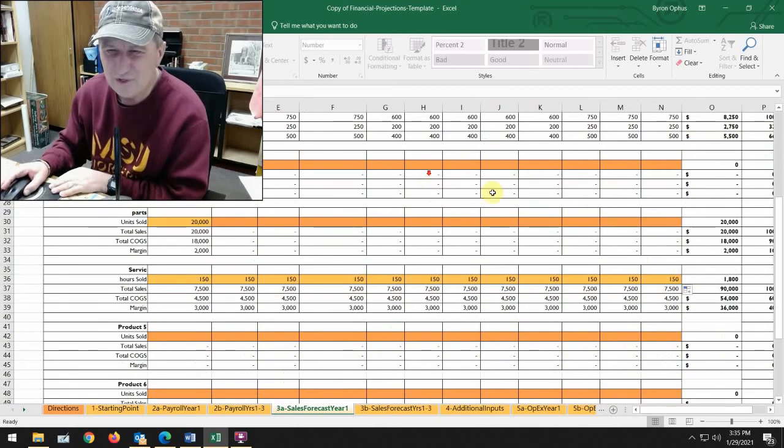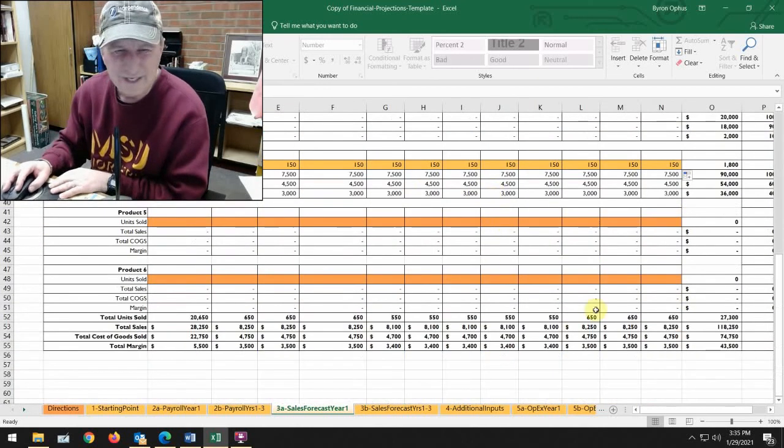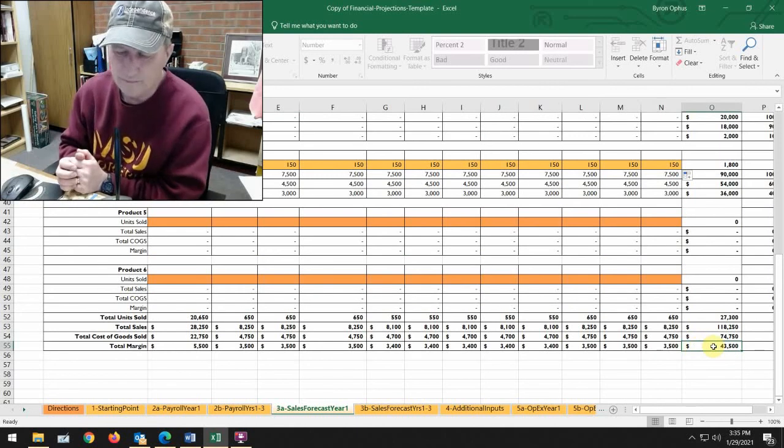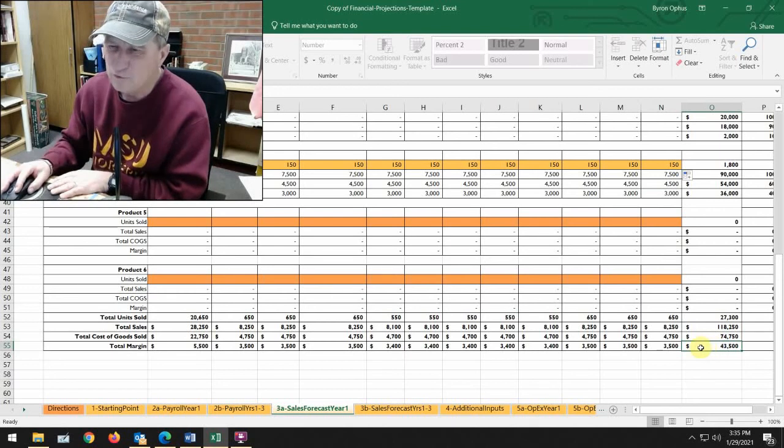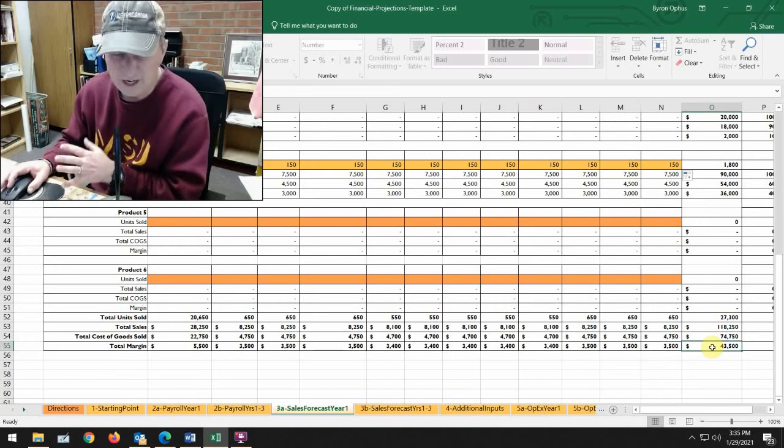I can tell you that when it comes to it, the bottom line down here, this bottom right-hand corner, is going to be what's important. Again, I want you to do the research, so I want this to be as accurate as possible. But this is what's going to be the important number, right? That's what our total margin is. Mine's kind of low right now.